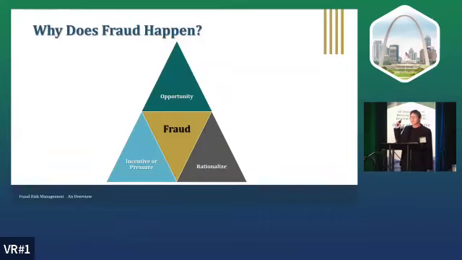All right. What is fraud and why does it happen? Well, fraud is at the center of the convergence of three things. It is at the convergence of opportunity, incentive or pressure, and rationalization. So what is opportunity? Opportunity is one of those things that your organization actually has complete control over.